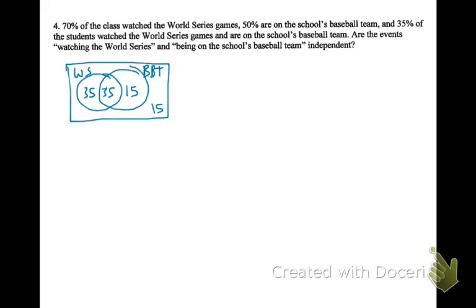Okay, so you want to know, are they independent? So you want to know, is the probability of watching the World Series, given that you're on the baseball team, equal to the probability of watching the World Series? So the intersection of those is 35 divided by the probability of being on the baseball team, which is 50.